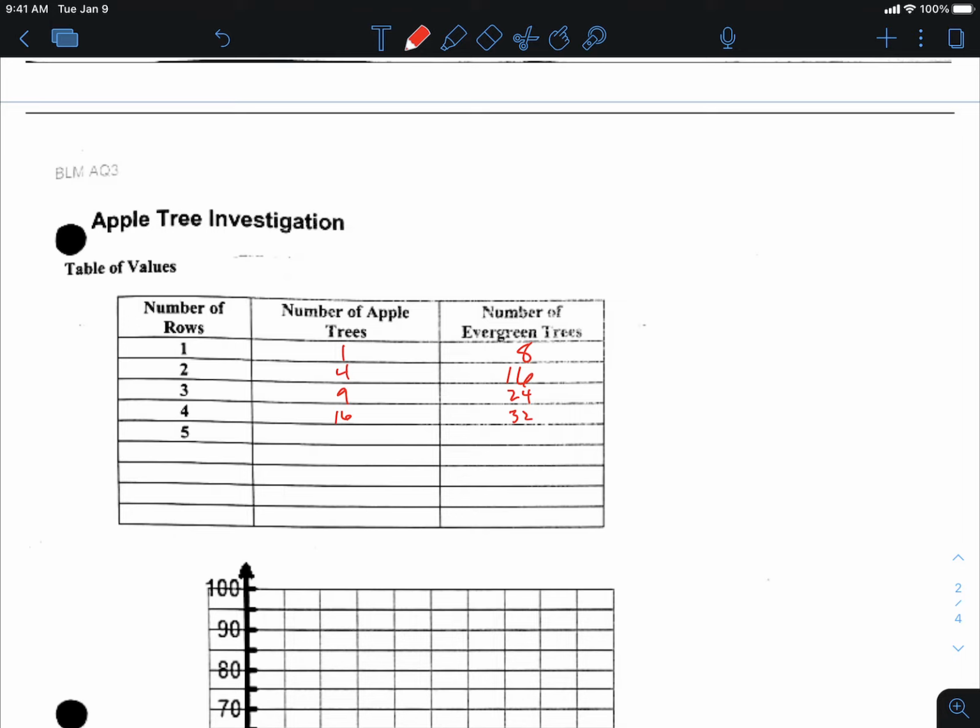Now, I want you guys to take a look at this, just to highlight what it is we're doing. If I wrote 2 tables here side by side, then I go 1, 2, 3, 4, right? I'm going to do number of rows and the number of apple trees here first.